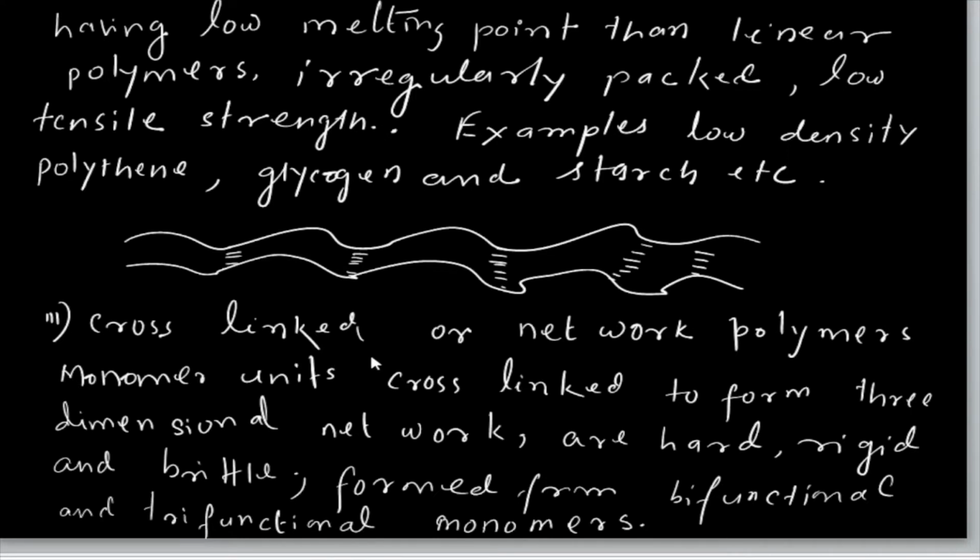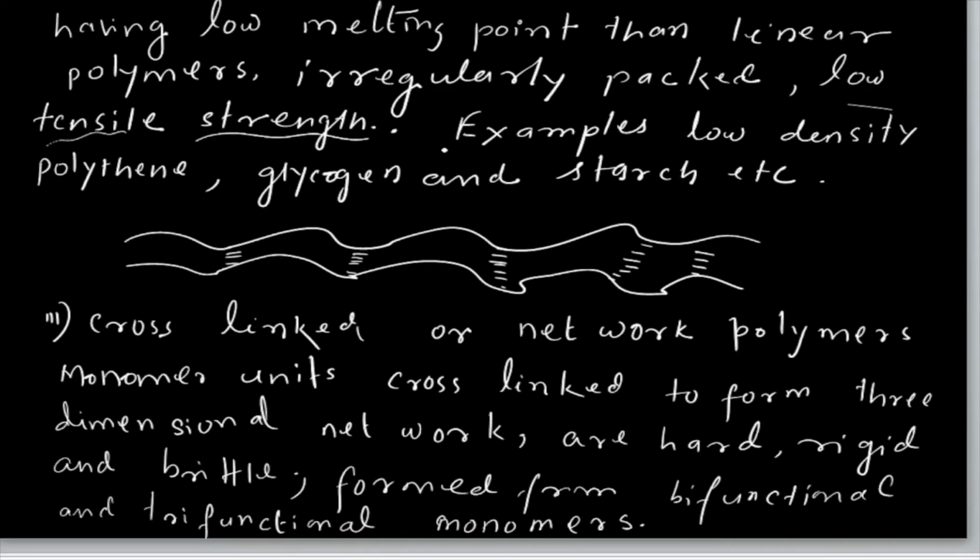What is the value of the melting point? It is high in linear, and the melting point is low compared to linear structure. It is irregularly packed, that means it is not regularly packed, and has low tensile strength. So it is not so strong compared to our linear polymer.